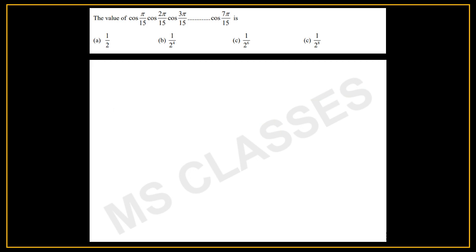Now we understand the logic behind this. Cos pi by 15, cos 2 pi by 15, cos 3 pi by 15, cos 4 pi by 15, cos 5 pi by 15, cos 6 pi by 15, cos 7 pi by 15.